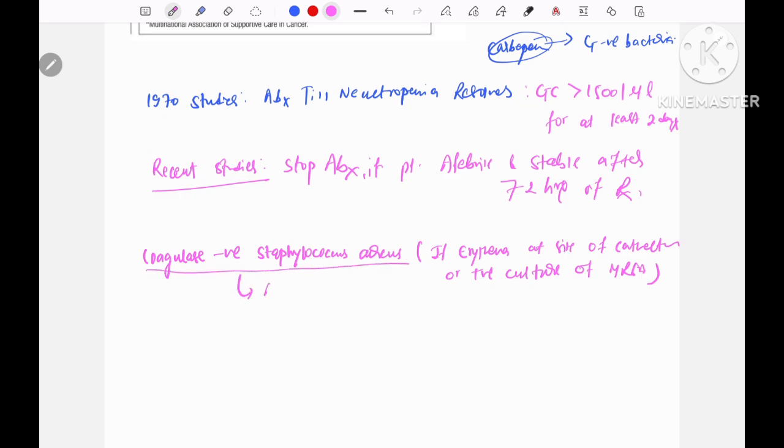So we have to add vancomycin. And the bacterial spectrum also differs from hospital to hospital, so we have to choose antibiotics according to the most common organisms in the hospital.